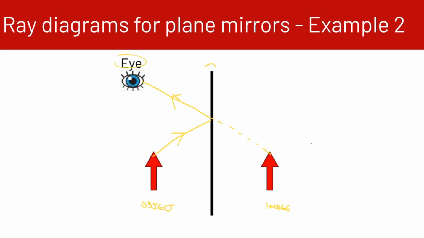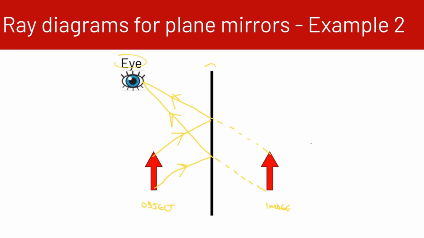And then we draw the next line. This is always best to do with a ruler if you can get a hold of one. All right, so this is the incident ray and this is the reflected ray.